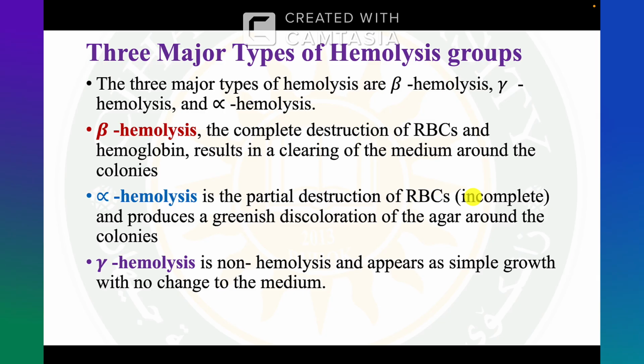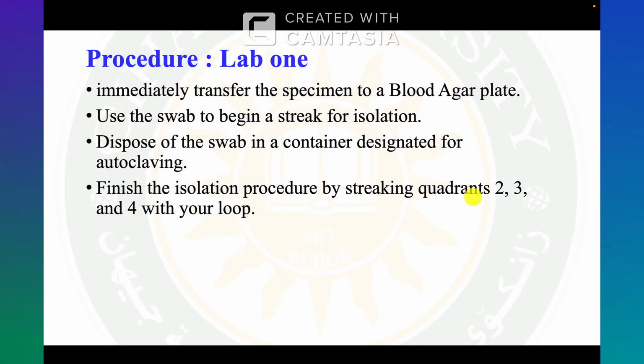Alpha hemolysis is partial, incomplete destruction of RBC, and produces a greenish discoloration around the colony on blood agar. While gamma hemolysis is non-hemolysis, and appears as simple growth on the media.